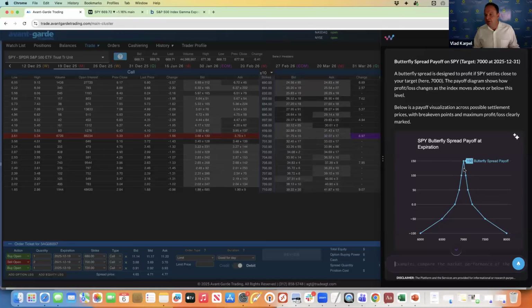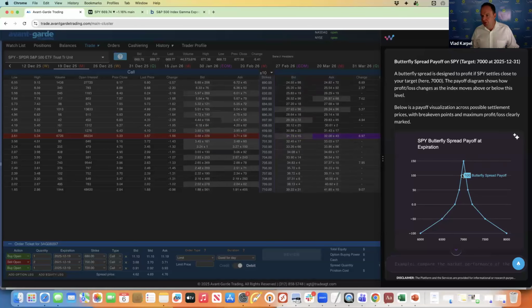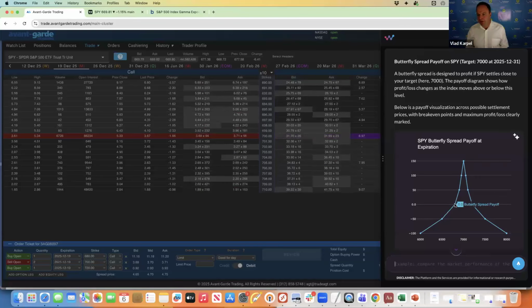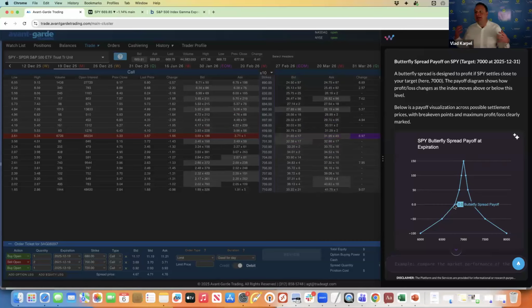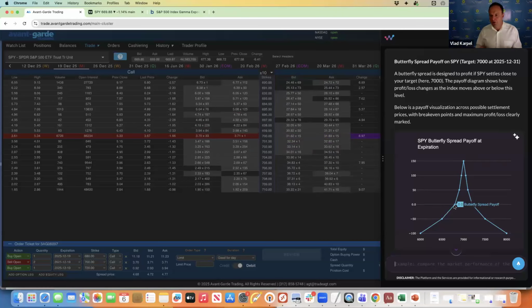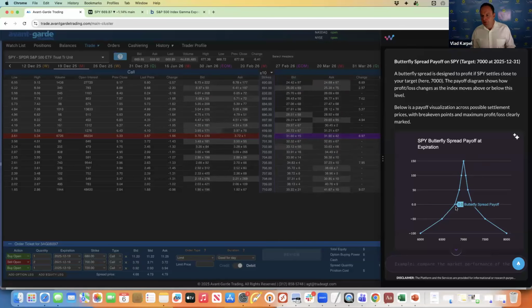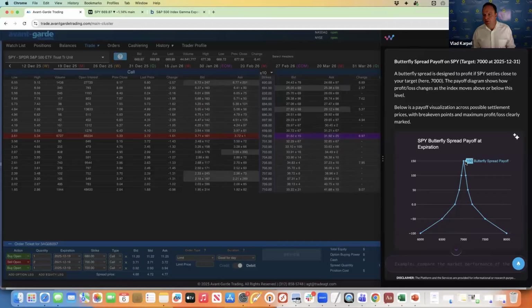So we don't have to settle at 7,000. You can see that at a different strike price you get a different profile. Your breakeven is at the debit. In general, a long butterfly is a debit strategy, right? So in this example, the maximum loss is $100, and the maximum win is $150.